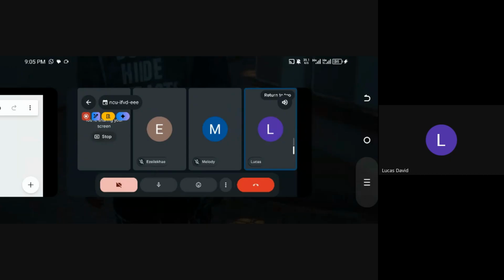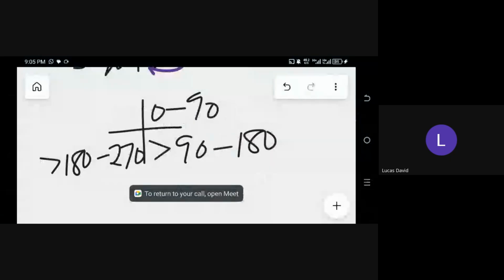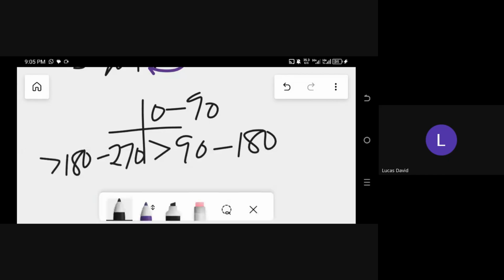So Lucas, from the information we had in the last class, what type of angles can we find in the fourth quadrant? More than 280 to 360. More than 280 or 270? Oh, sorry, 270 to 360. Okay, so in the fourth quadrant, we have greater than 270 to 360.